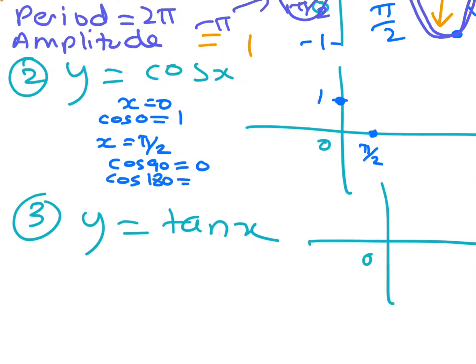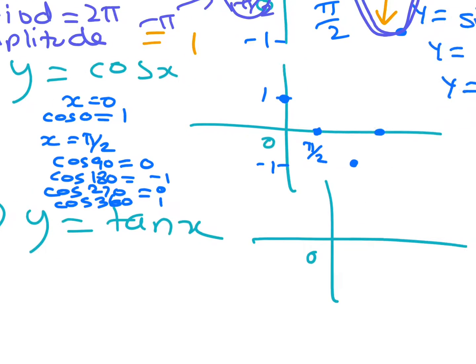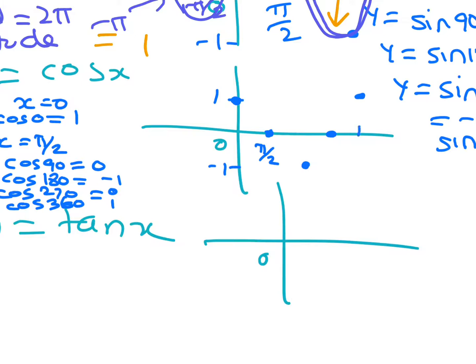Cos of 180 is minus 1, so it's down there. Cos of 270 is 0. And cos of 360 is back up to 1. So that's 2 pi, 3 pi on 2.